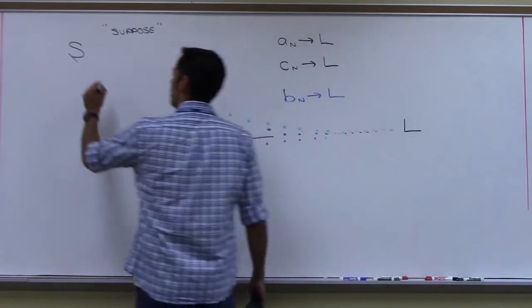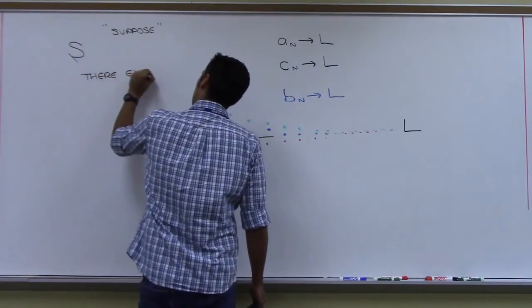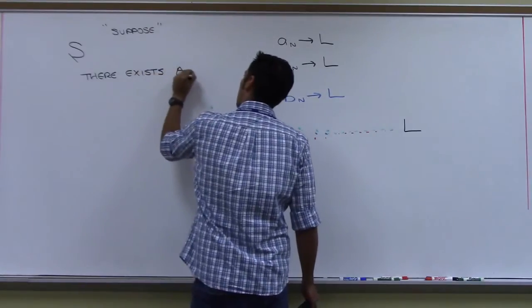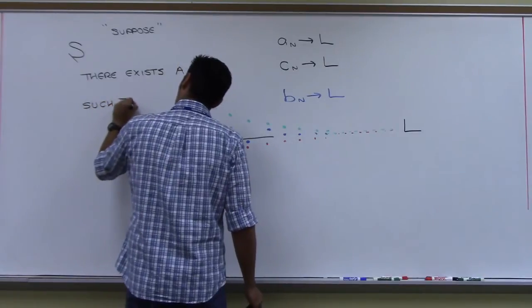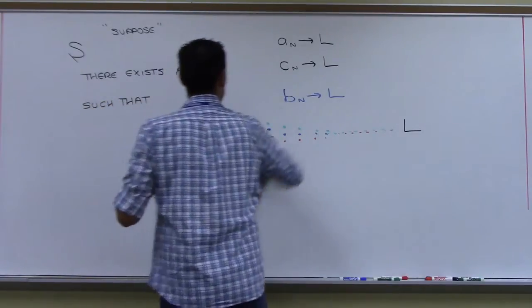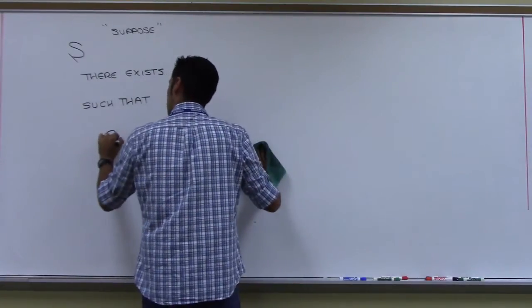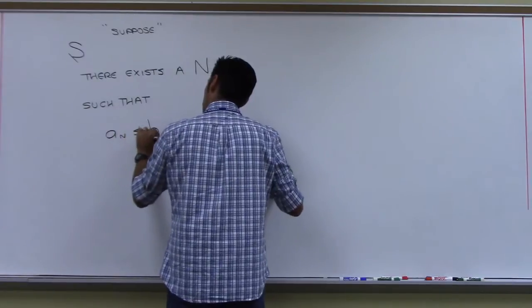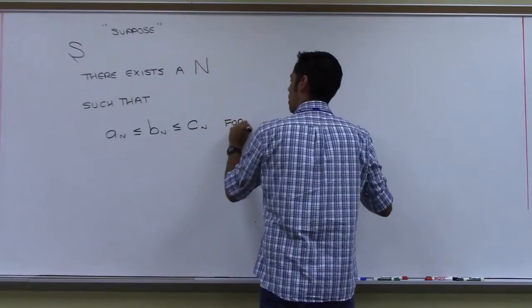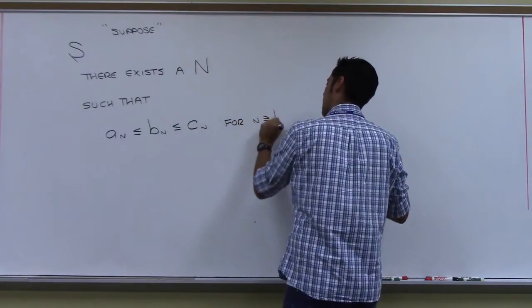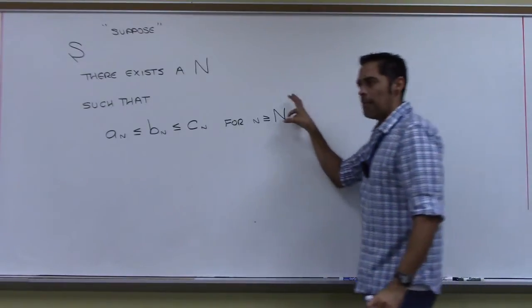Suppose there exists a capital N such that A sub n is less than or equal to B sub n is less than or equal to C sub n for little n greater than or equal to capital N. I know my little n's and capital N's look the same, so I make my little n's small and my capital N's big, all right?